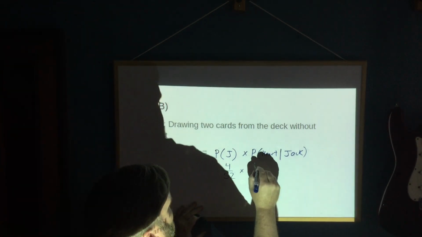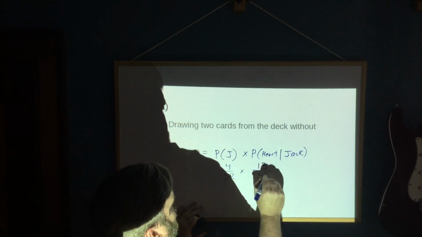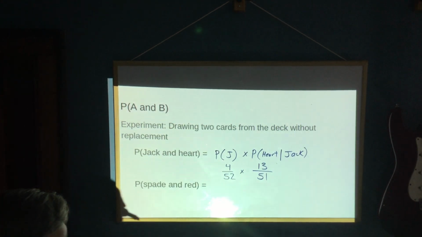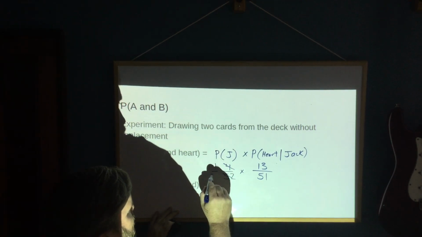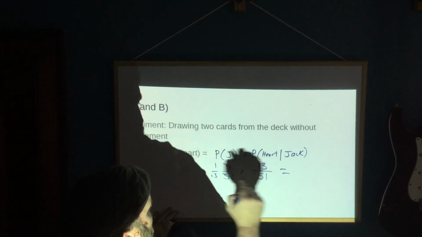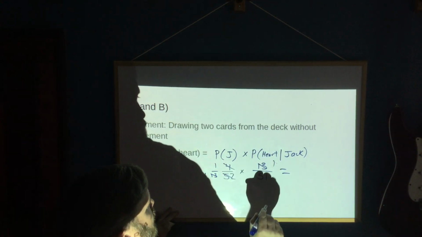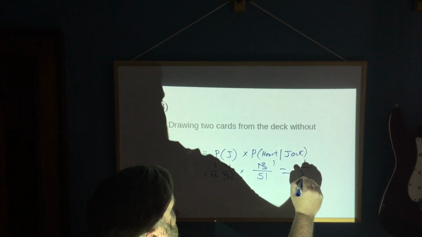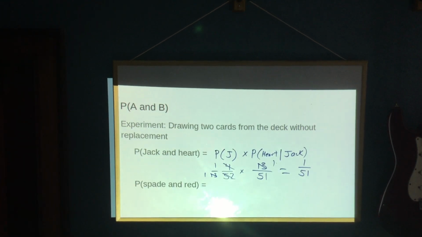There are 13 hearts, and now there are 51 cards remaining. Okay, reduce this down to 1 out of 13. Multiply, or no, we can reduce that, 1 and 1. So we get a 1 out of 51 chance. The probability of drawing 2 cards, one of them a jack, one of them a heart, is 1 out of 51.